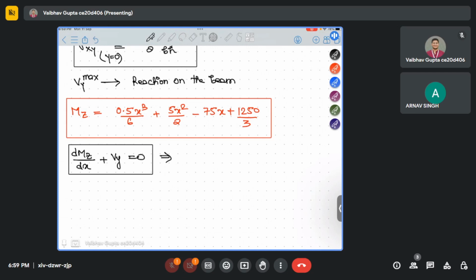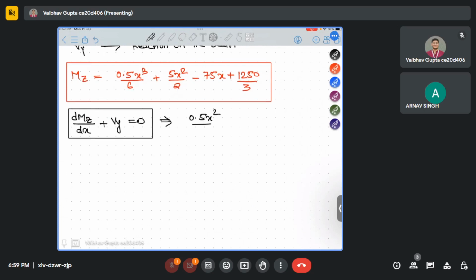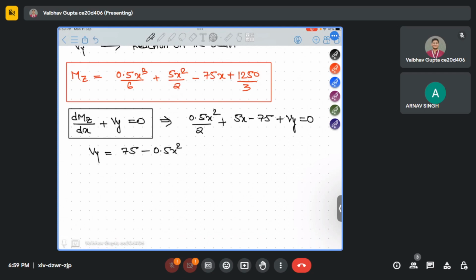Differentiating the Mz, what will we get? 0.5 x square by 2 plus 5x minus 75, plus Vy is equal to 0. So Vy is nothing but 75 minus 0.5 x square by 2 minus 5x, where x belongs to 0 to 10.